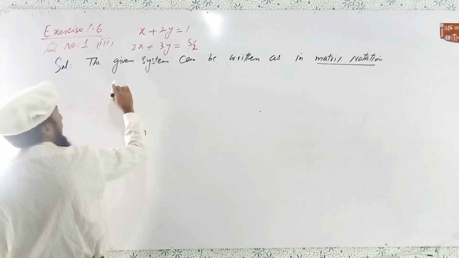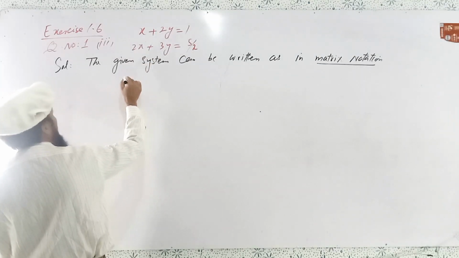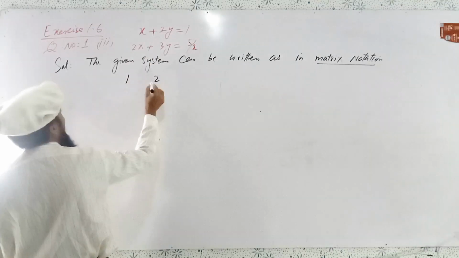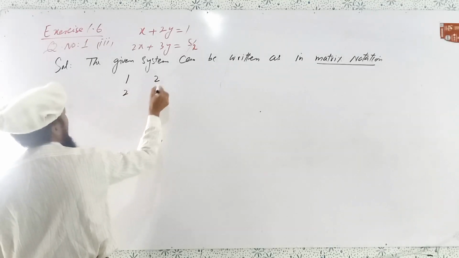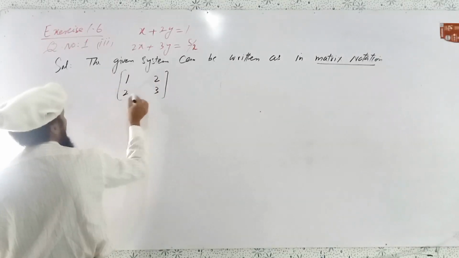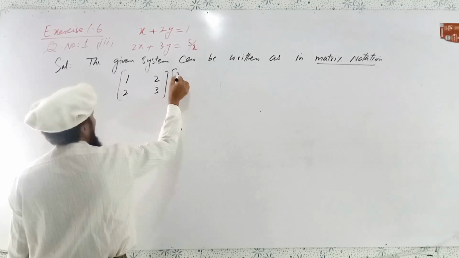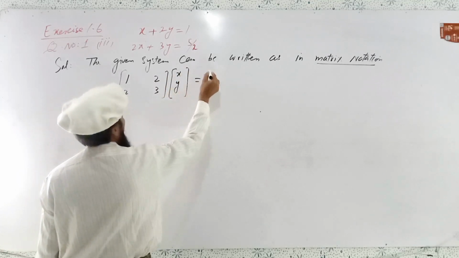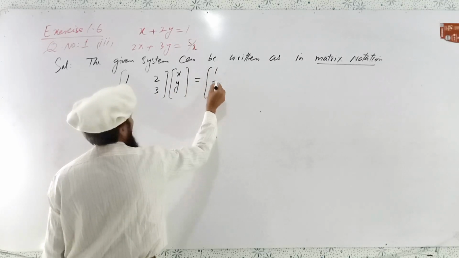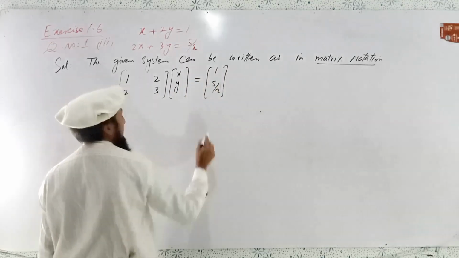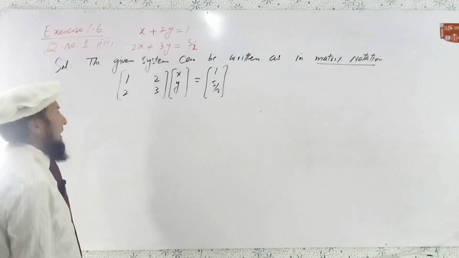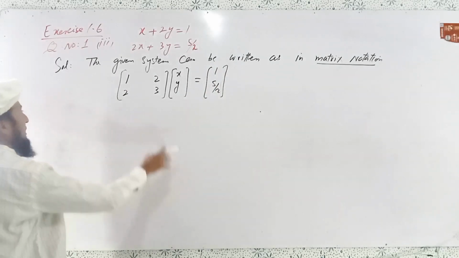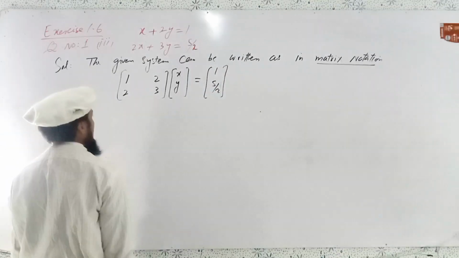Now we take the coefficients of the variables x and y: 1, 2, 2 and 3, times x and y, is equal to 1 and 5 over 2. Now we give a name to each matrix.